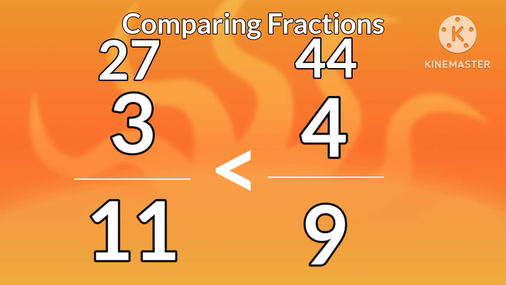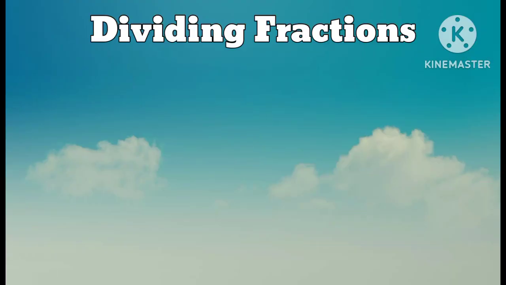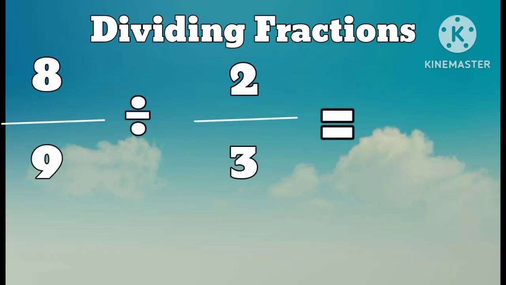It's basically the same thing when you divide fractions. So we have an example here: 8 over 9 divided by 2 over 3. The first thing we need to do is multiply the first numerator and the second denominator. So we have 8 times 3, which is equal to 24.